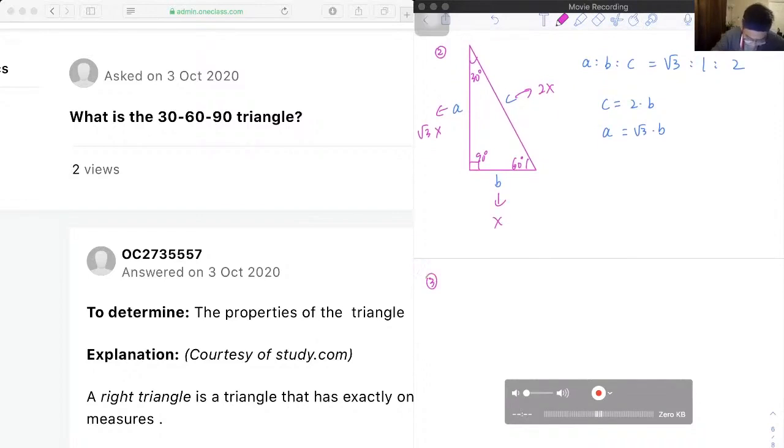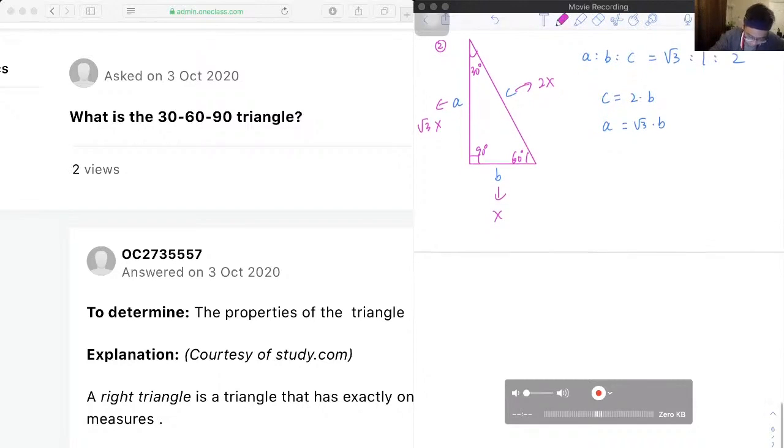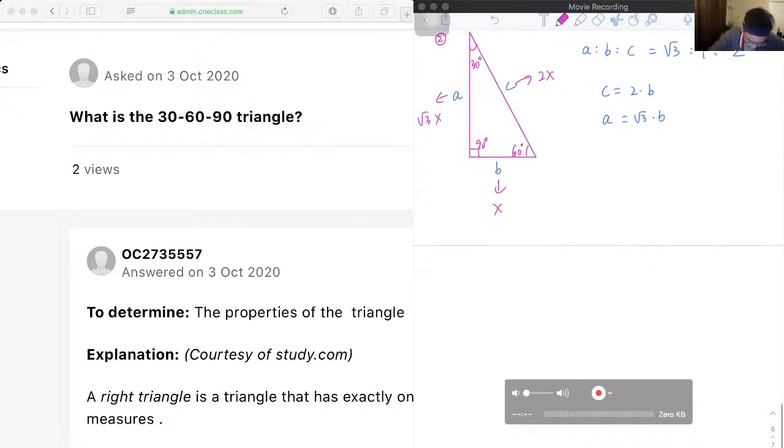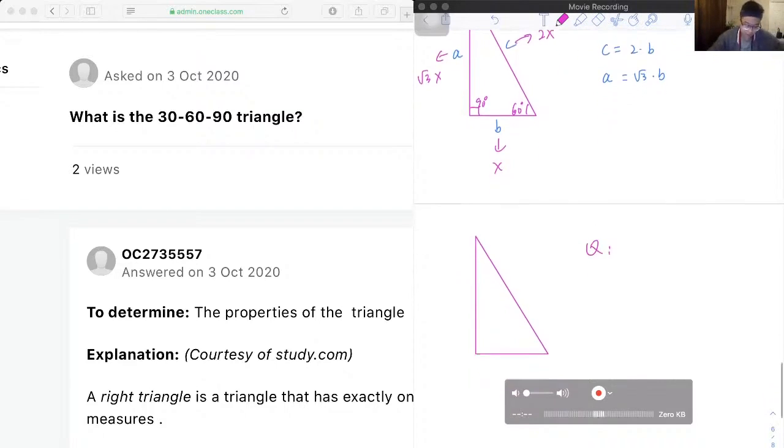And for this third part, let's have an example to better understand what we applied in part two. So let's say we still have a 30, 60, 90 triangle, with sides A, C, and B. The question has given us C is equal to 8.